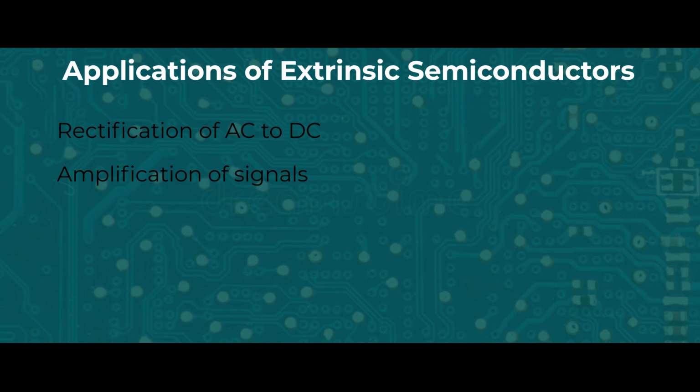Then we also have this semiconductor material in some devices like solar cells or even solar panels, where solar energy is being converted into electrical energy. So semiconductors help us to convert solar energy into electrical energy.